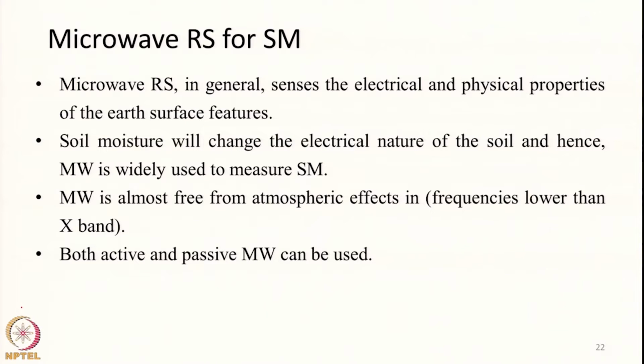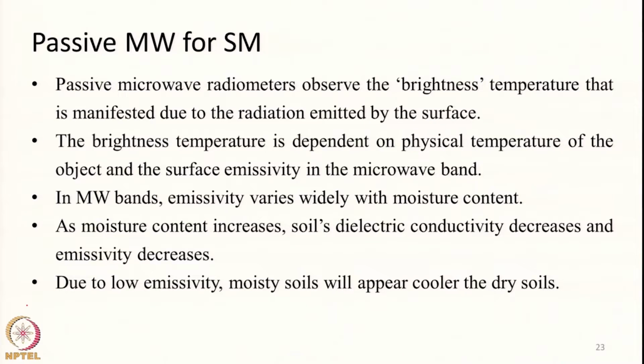Both active as well as passive microwave can be used. We have seen some examples while dealing with those particular topics. Here we will see the basic principles behind the estimation of soil moisture from passive and active microwave remote sensing. First we will start discussing passive microwave radiometry for soil moisture estimation.